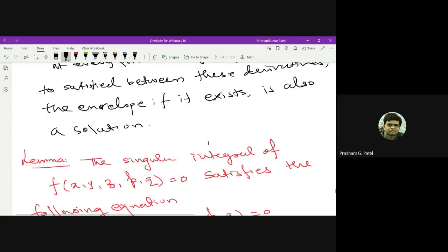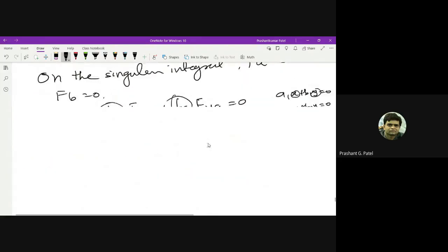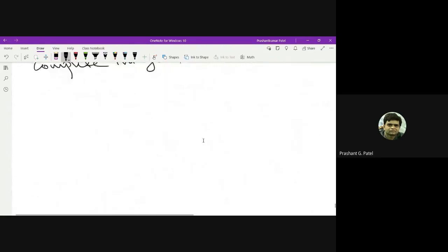The last kind of integral is left. It is known as the special integral, or I can say special solution. Usually the solution which does not come under all the above, that means if it is not a singular integral, not a complete integral, not a general integral, then it goes under this special integral.